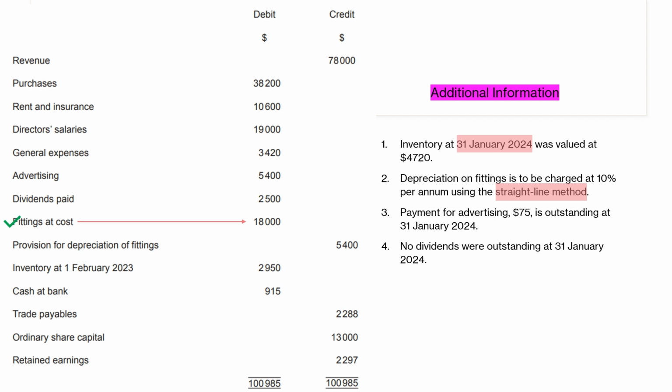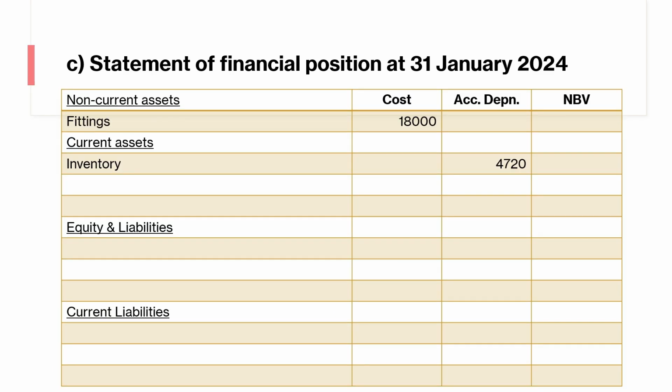So provision for depreciation of fittings is 5,400. And to that 5,400, we will have to add the depreciation charge for this period, which was 1,800. So when you add 1,800 to 5,400, you will get 7,200, and you will end up with 10,800. That is the net book value.